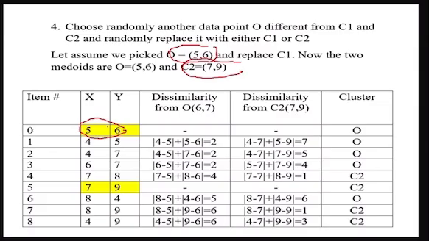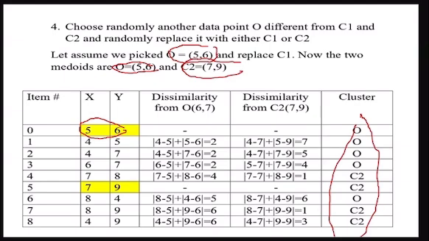Now, I'm going to repeat the same, but because I'm switching for group 1, I'm not going to call it C1 again. I'm going to call it O. When I repeat the process, wherever you see that O, that's the new group one.